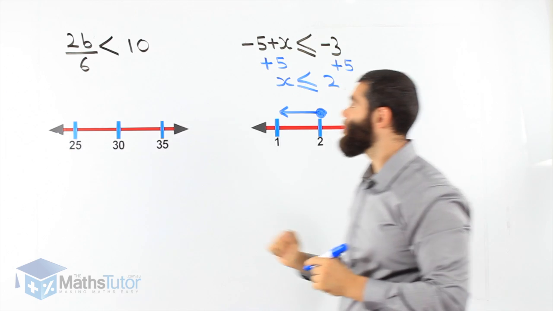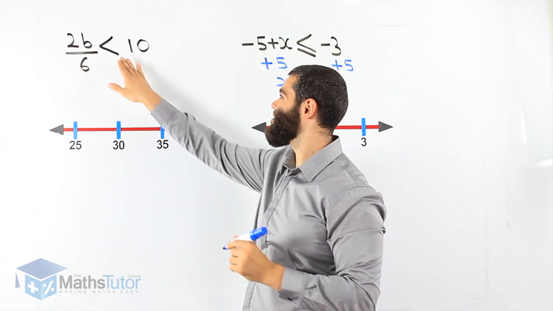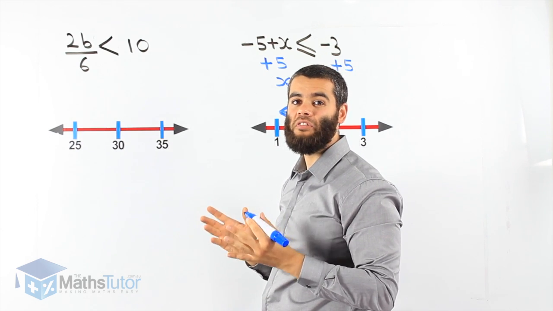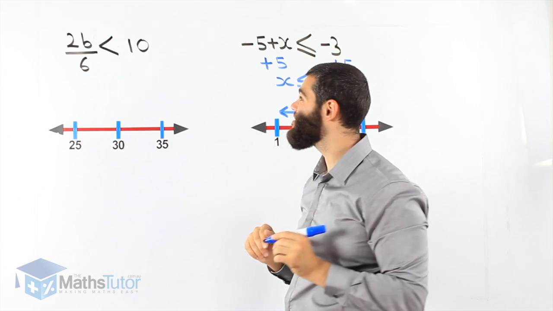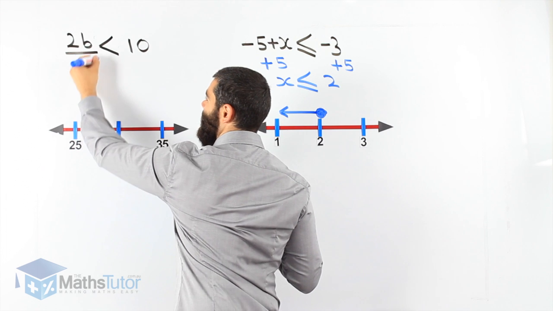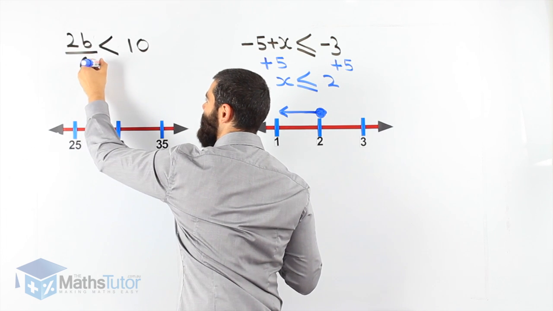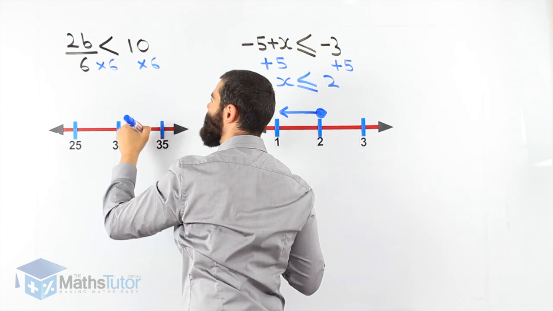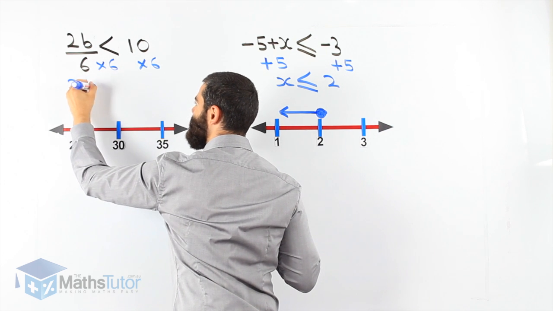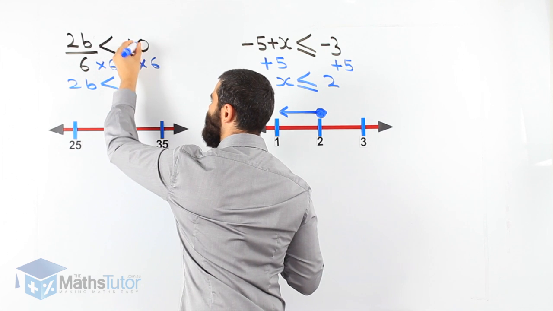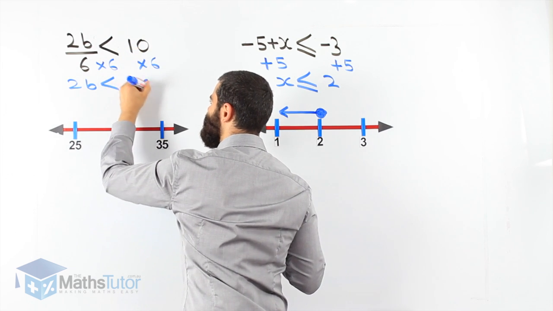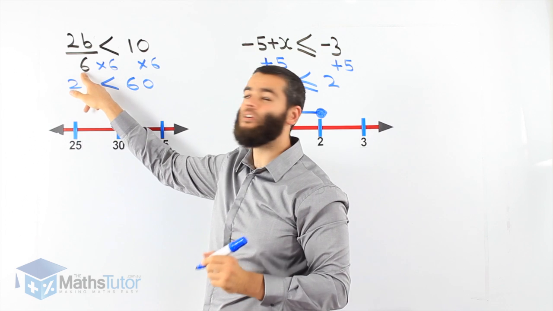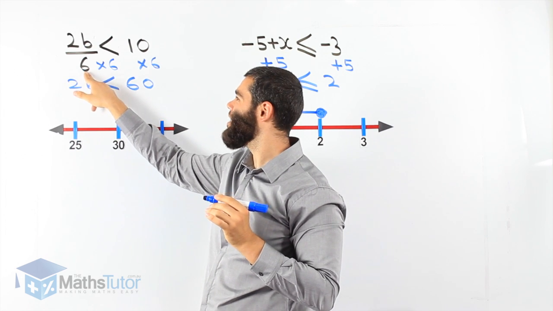Next one, 2b over 6 is less than 10. Now again, we are working it out using the same process as equations. We know that with 2b over 6, we want to eliminate the denominator.